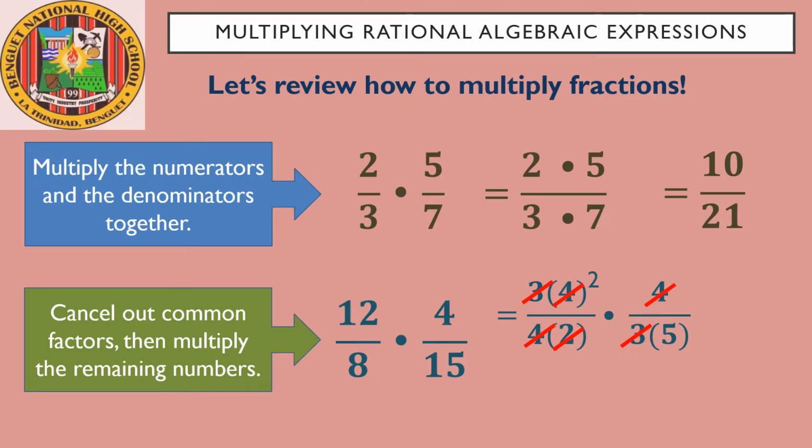After canceling out the common factors, we multiply the remaining fractions, which are 2/1 and 1/5, to get the final product, which is 2/5. Those are the two possible methods we can use in multiplying fractions.